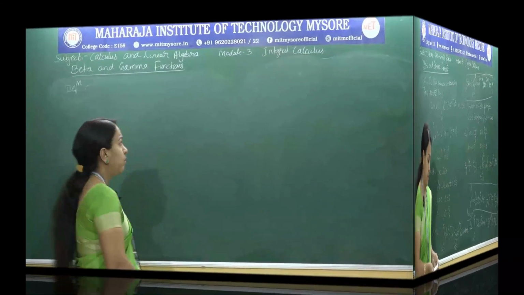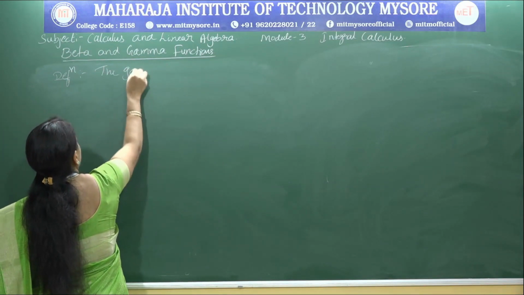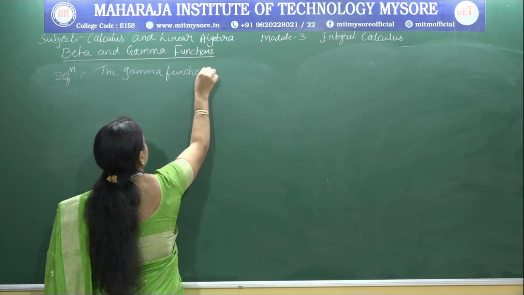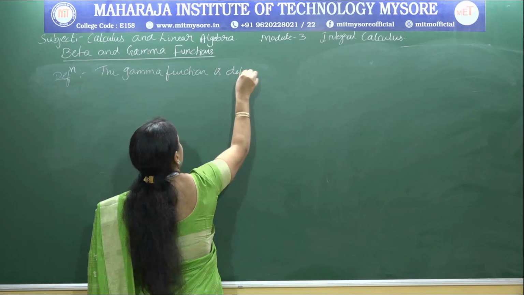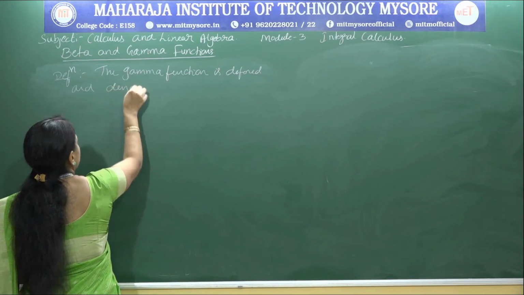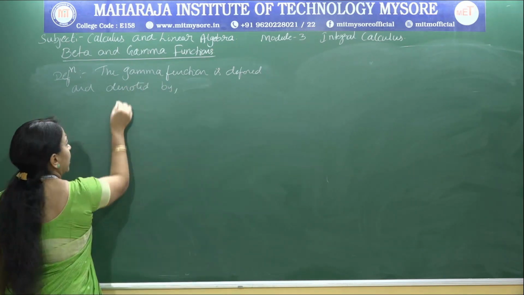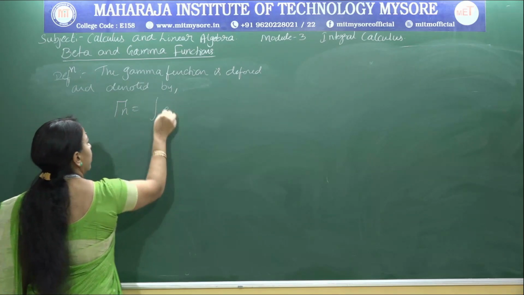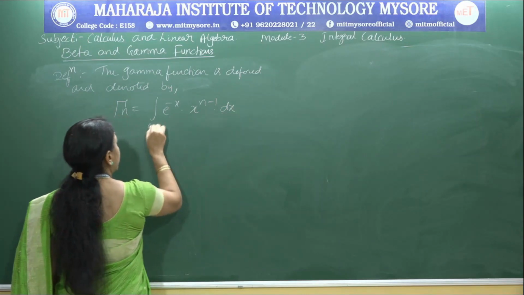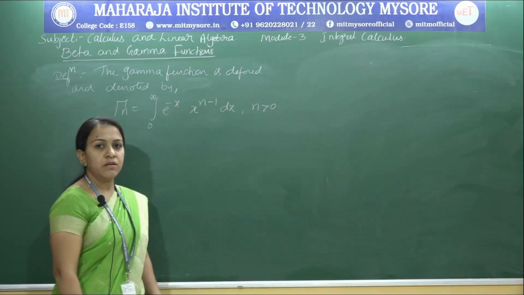Let me define the gamma function. The gamma function is defined and denoted by gamma n is equal to the integral of e power minus x into x to the power of n minus 1 dx between the limits 0 to infinity, where n is positive, n is greater than 0.